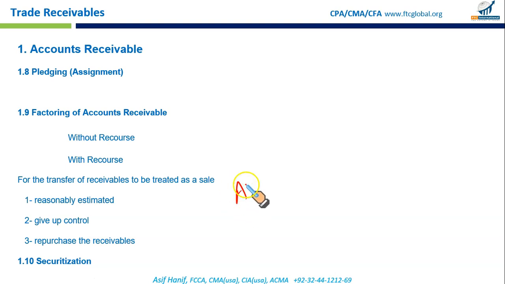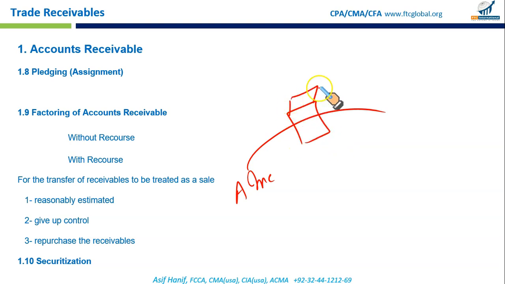Consider two companies. Company A Incorporated bundles its receivables into a pool and sells this pool to a trust, which is another company, B Incorporated. Now this B Incorporated uses these receivables to issue securities, security 1, 2, and then these securities are sold to investors.